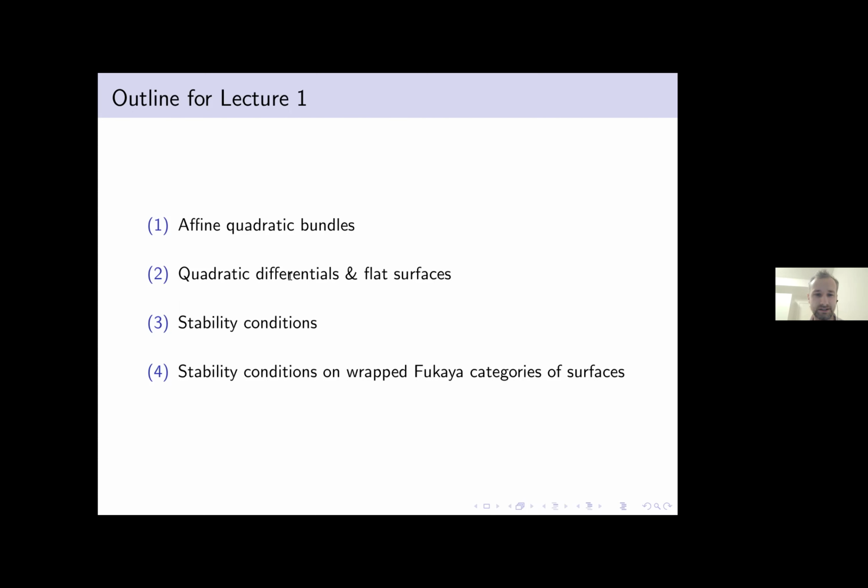This doesn't yet involve any categories, so that starts in part 3, where I talk about the definition of a stability condition by Bridgeland, and then some modifications by Kontsevich-Soibelman, to remind you of that definition. Then I'll talk about the stability conditions on Fukaya categories which correspond to quadratic differentials, and how that works. And if at any point you have any questions, please feel free to interrupt me.